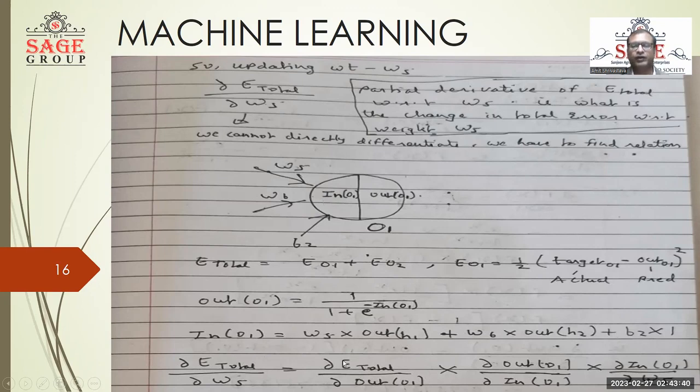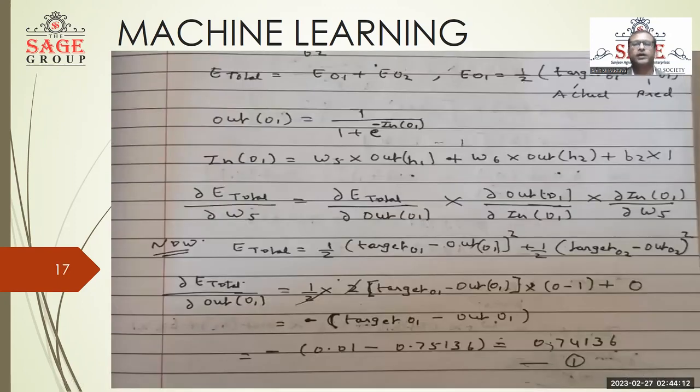So what we can do is del E total upon del out O1 into del out O1 upon del in O1, and then del in O1 upon del W5. So what happens? This del out O1 and this del out O1 will cancel out. This del in O1 and del in O1 is cancelled out. So we are left with only del E total upon del W5, which is my left hand term, right? So we can apply this chain rule here.